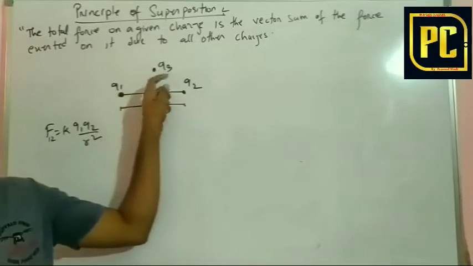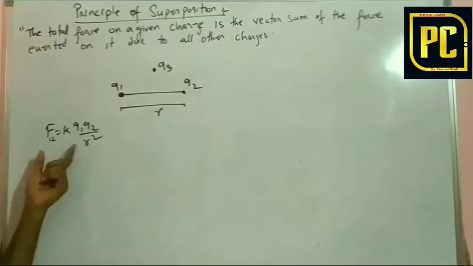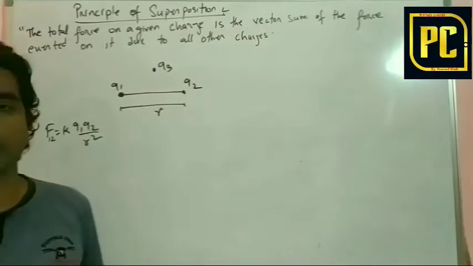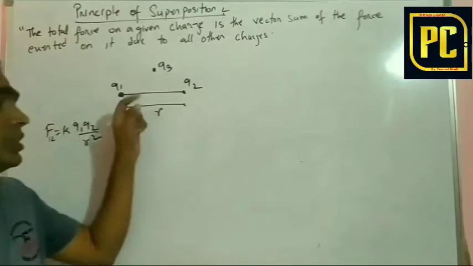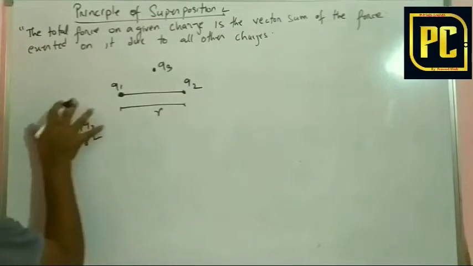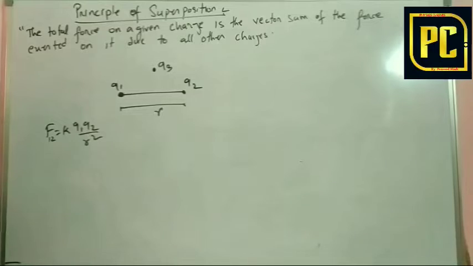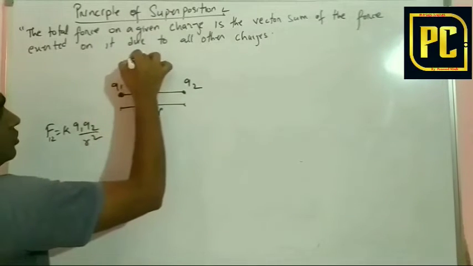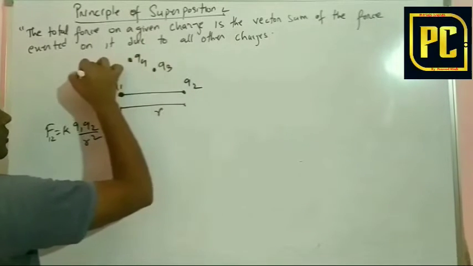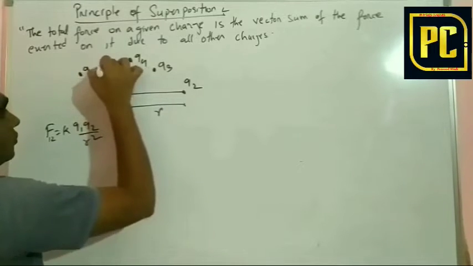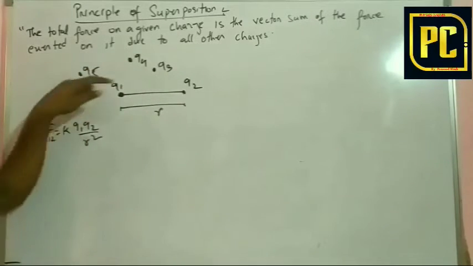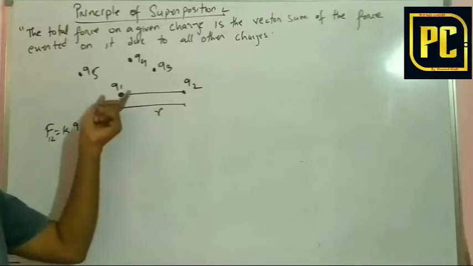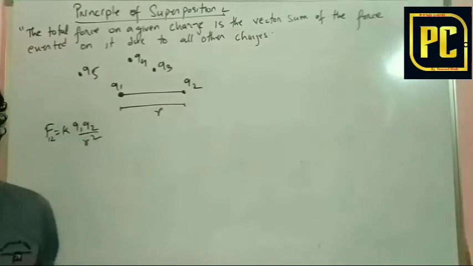Now what will happen to the force between 1 and 2 if I bring the third charge? Whether this third charge will have any effect on this force or not. Or if I bring one more charge, Q4, or Q5 also. Will all these charges have any effect on the force between these two charges?